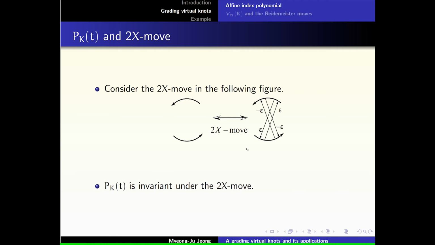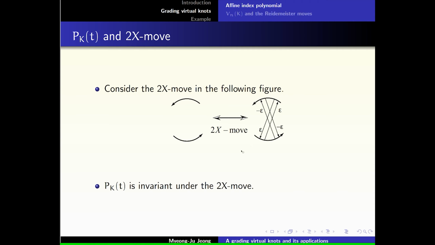Actually, the affine index polynomial is not so strong to compare virtual knots. So if two virtual knots are related by a delta move, then they cannot be distinguished.